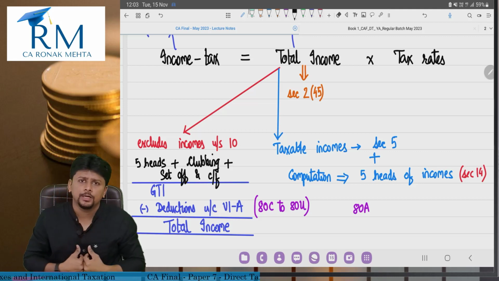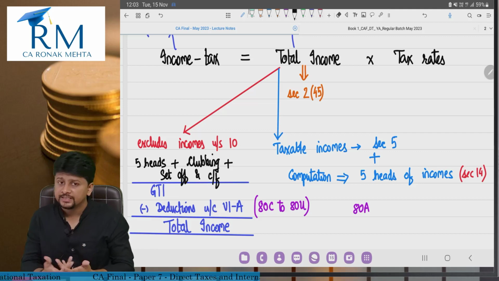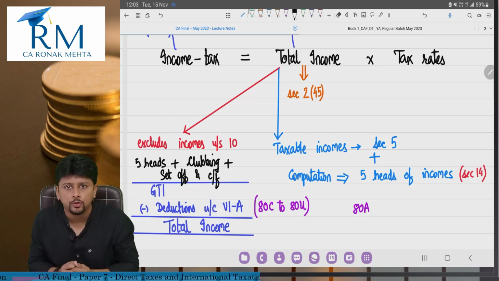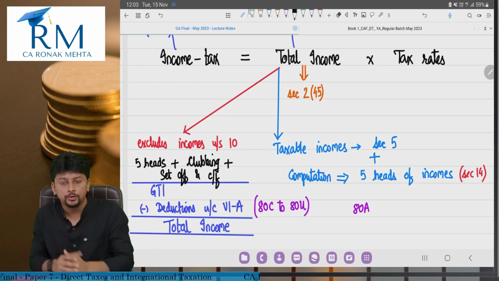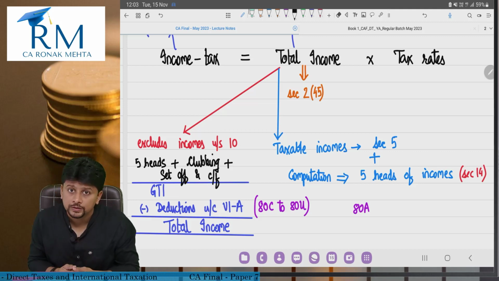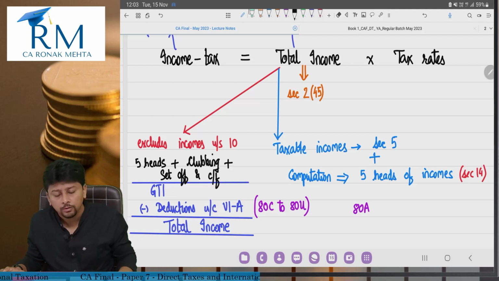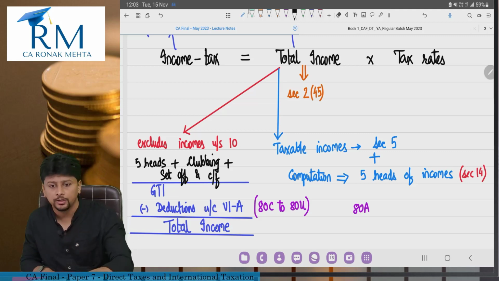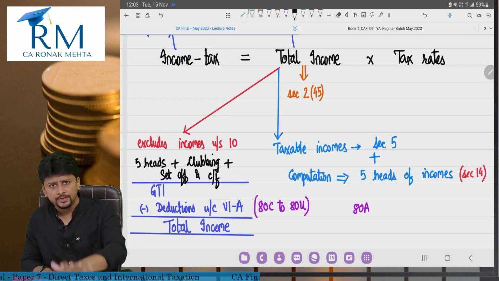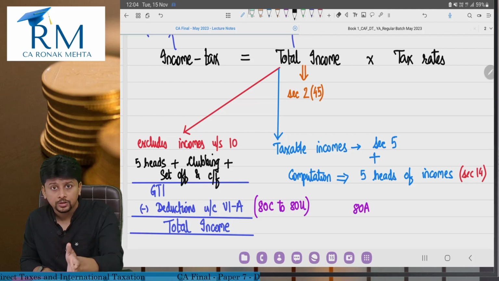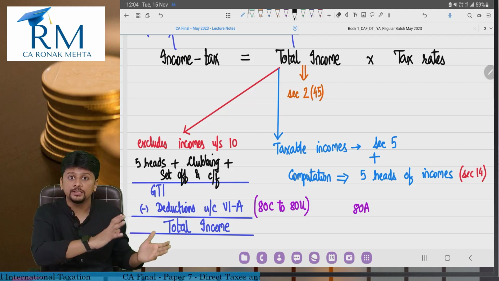Maybe in a particular year, I earned the income and I suffered a loss. Obviously, you don't pay tax on losses, you pay tax on profits only. But I have suffered a loss. I will not ignore that loss. Government does not ignore that loss. Government says, okay Ronak, we understand you've suffered a loss this year. Don't pay income tax this year. But it's a loss that you'll have to recover in future.